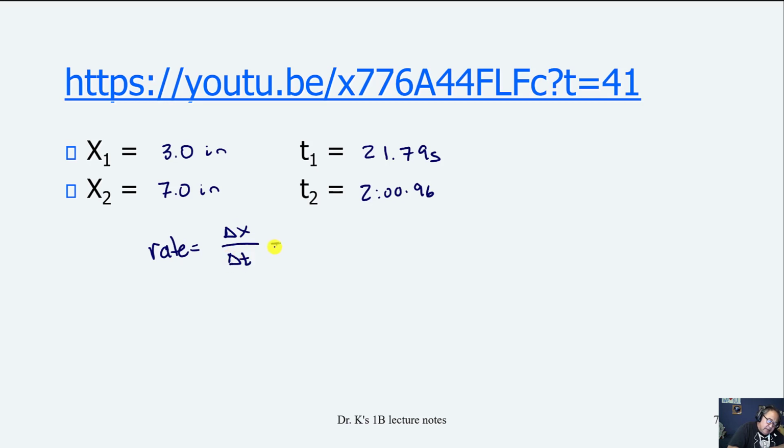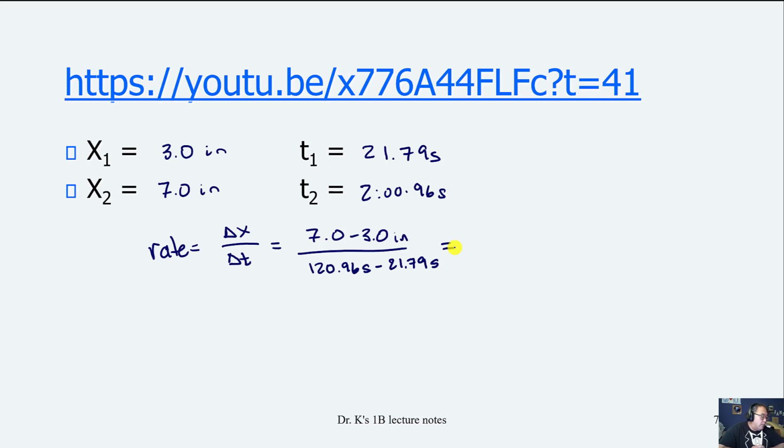That's what I'm dealing with here. And then I'll have 7.0 minus 3.0 inches. And at the bottom, T2 is 2 minutes, so that's 120. Units have to match, just like in any other problem. So I'm going to do 120.96 seconds minus 21.79 seconds.